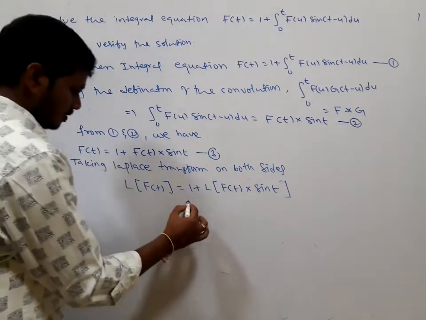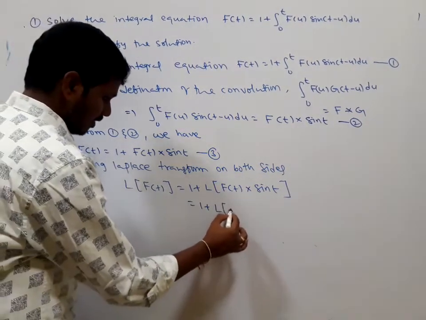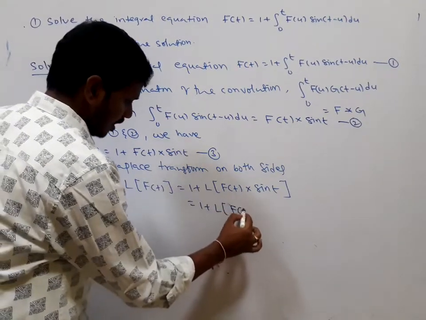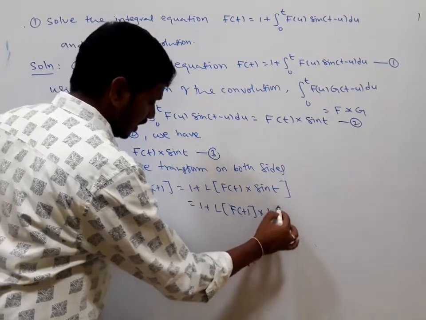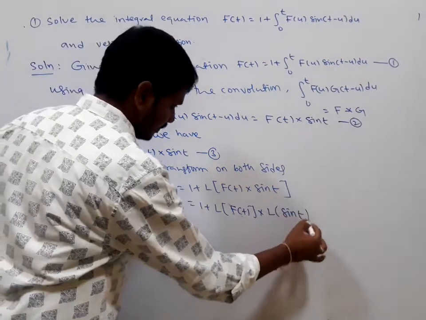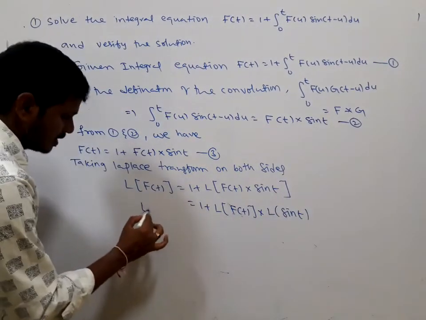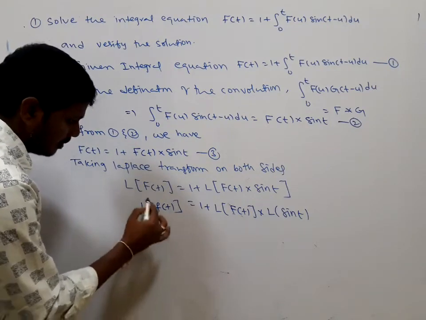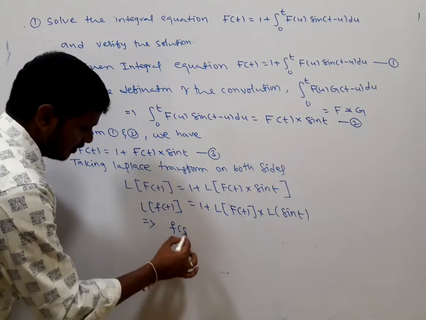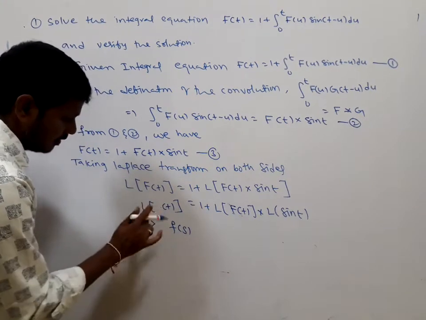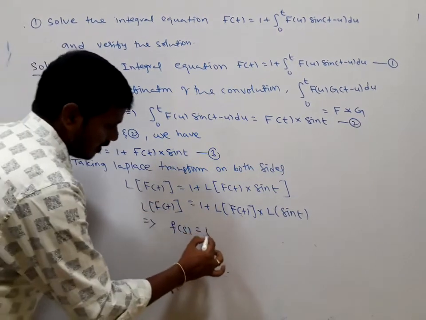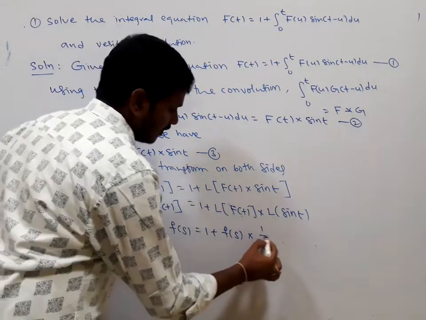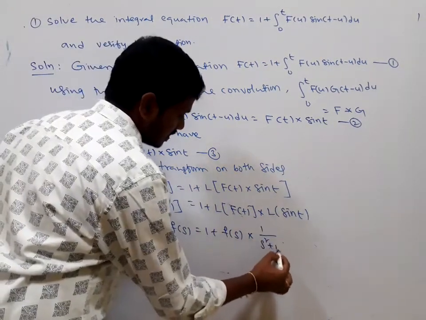From the definition of the convolution, we can write it as the Laplace transform of f(t) times the Laplace transform of sin t. Here the Laplace transform of f(t) is F(s), now capital F. So F(s) = 1 + F(s) times the Laplace transform of sin t, which is 1 divided by s squared plus 1.